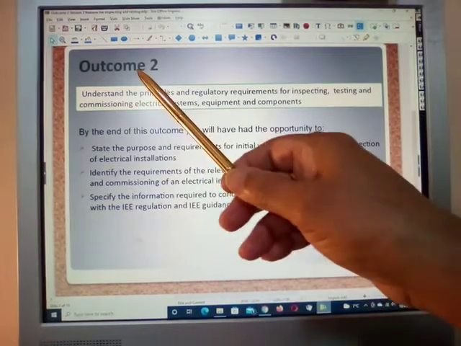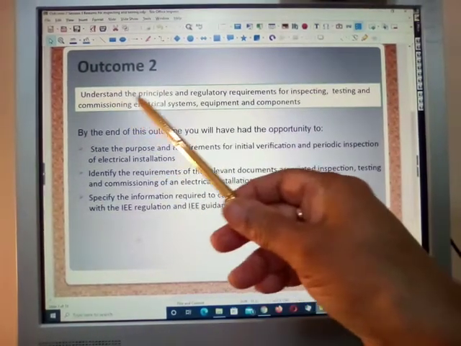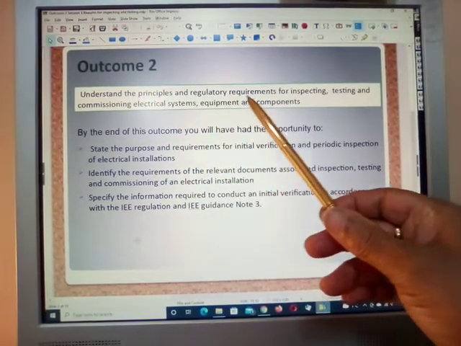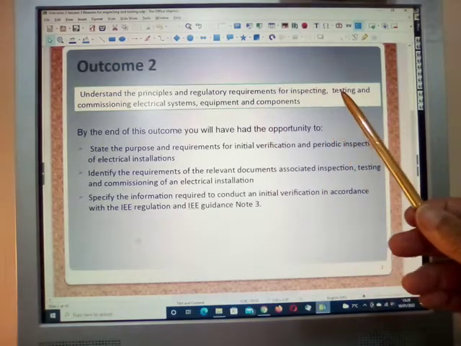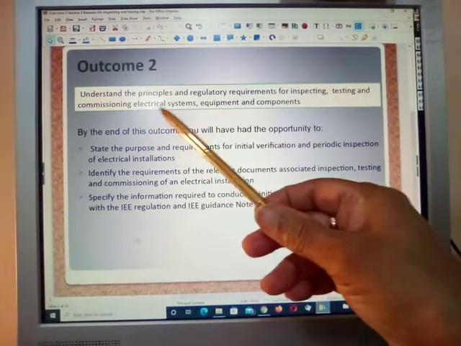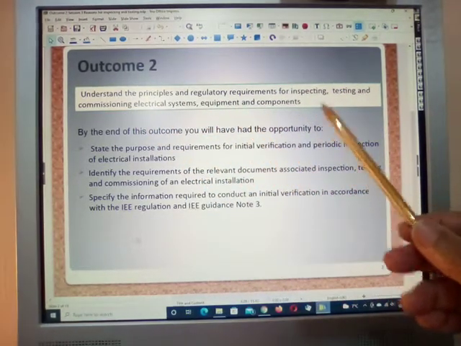Now we're looking at outcome 2. Understand the principles and regulatory requirements for inspecting, testing and commissioning electrical systems, equipment and components.